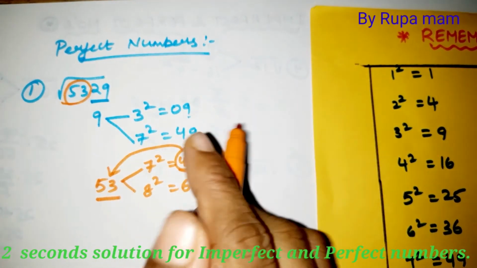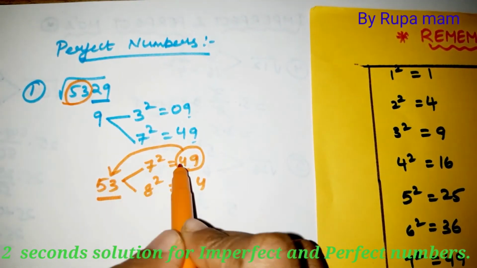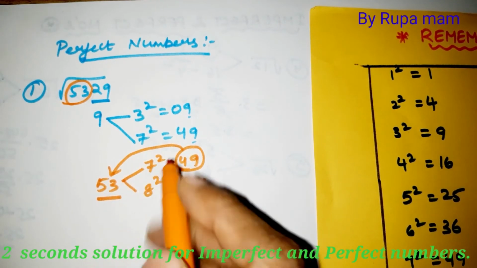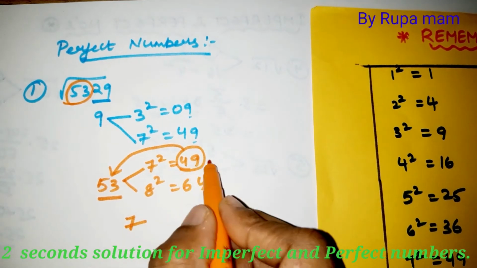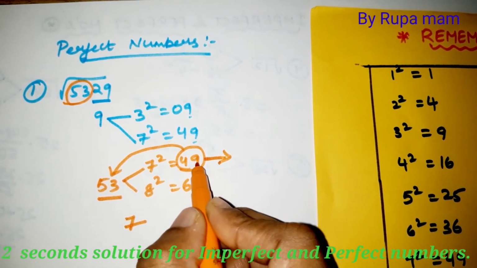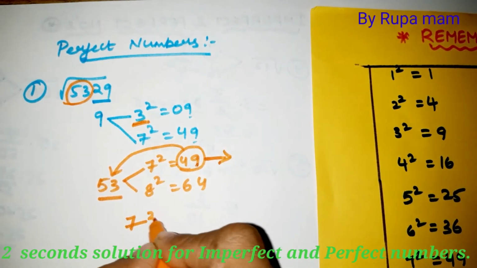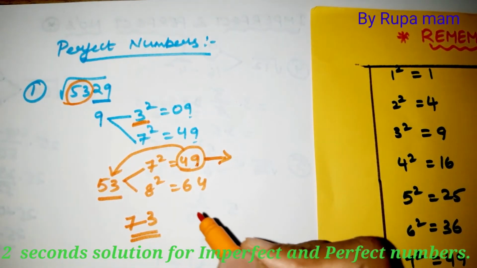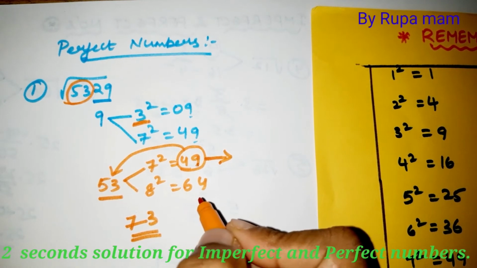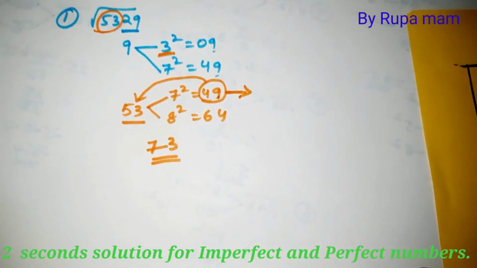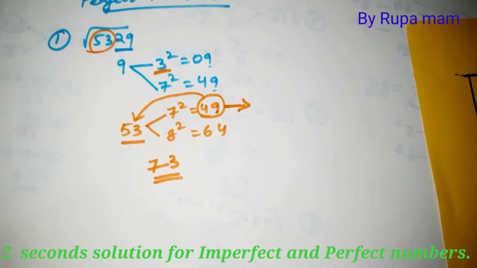So I am taking this 7. Here it is a lesser number, so here also we have to take the lesser number, that is 73. This is the answer for this question, 5329. It is a very important question which is given in previous year question papers also.